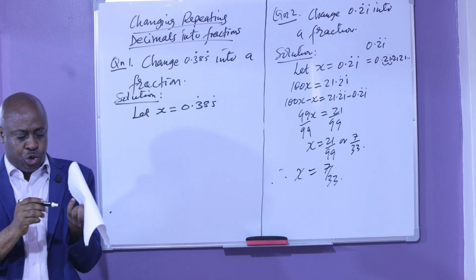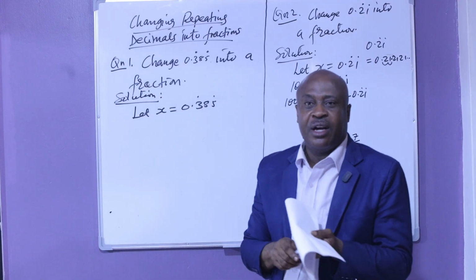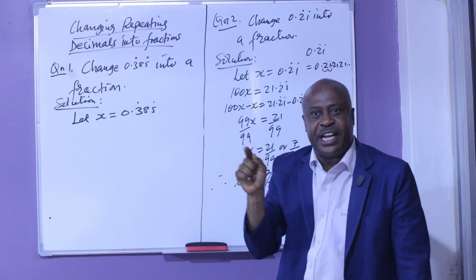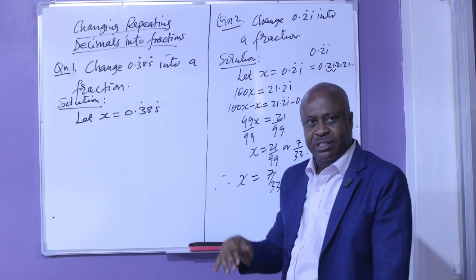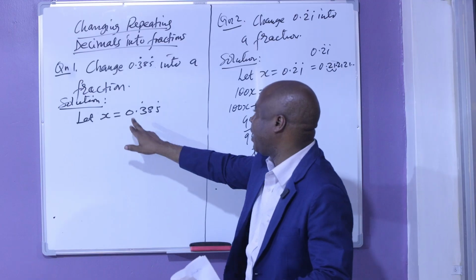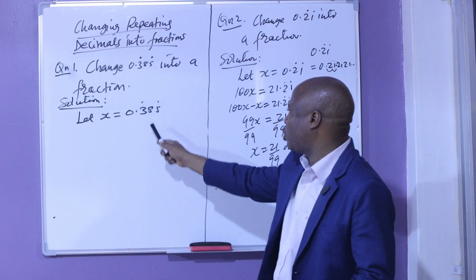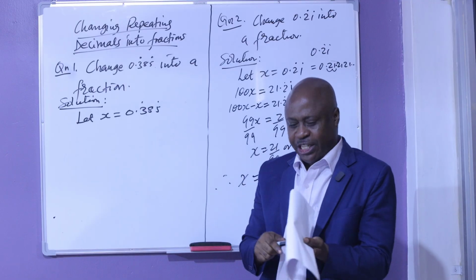Now we come back to our consideration of decimal places. 1 decimal place, 10 is the value corresponding to it. 2 decimal places, 100. Now we come to 3 decimal places. So 1,000 is the number that corresponds to 0.385 because we're having 3 decimal places.